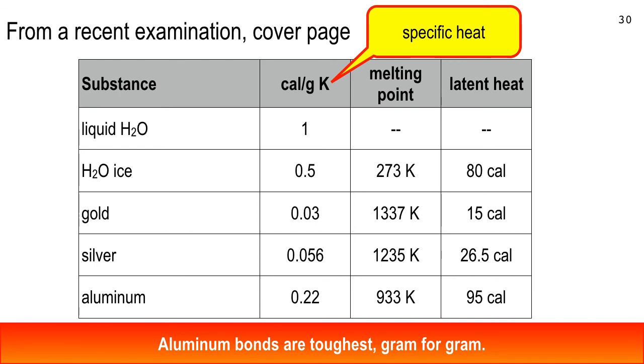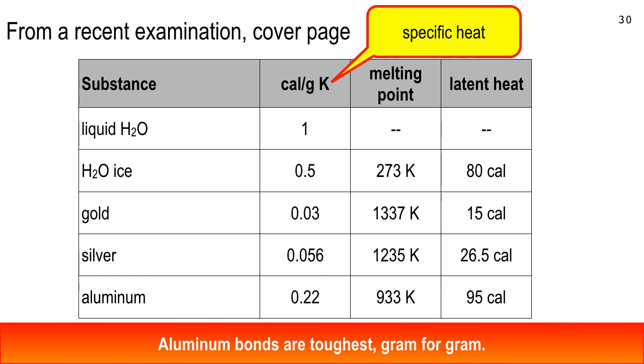Because an aluminum atom has a certain mass, and H2O, that's two hydrogens and an oxygen, definitely I think is lighter than aluminum. So on the basis of bond for bond between any two waters and any two aluminums, it might be a different story.